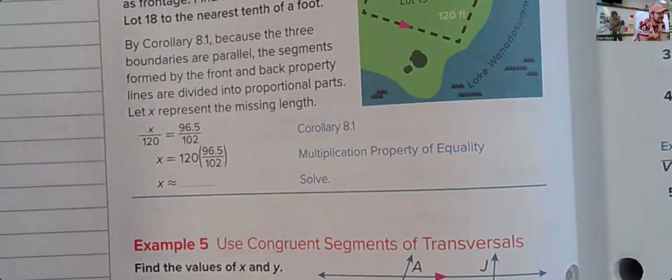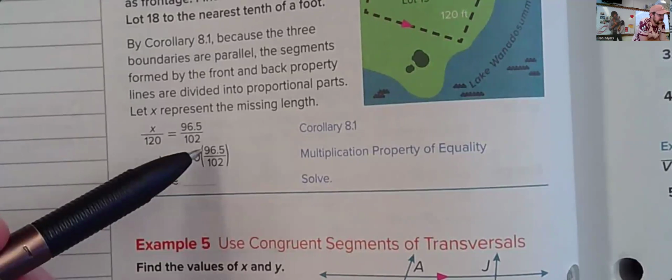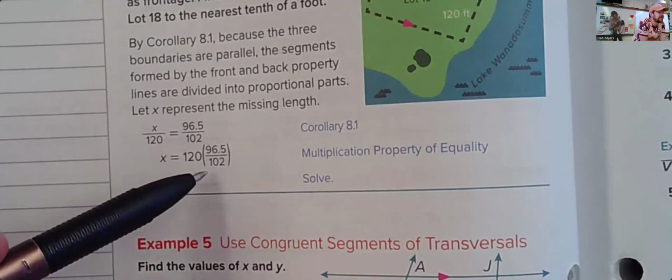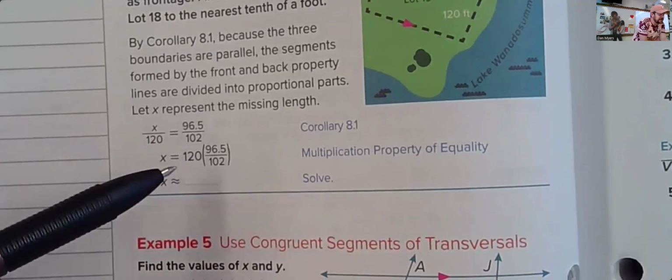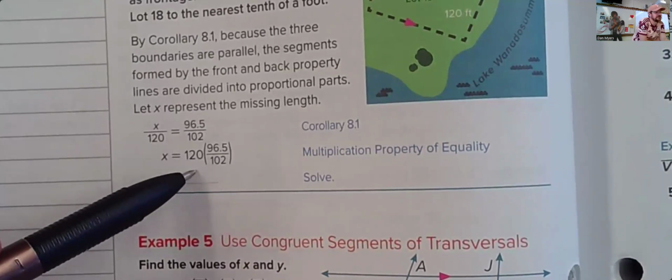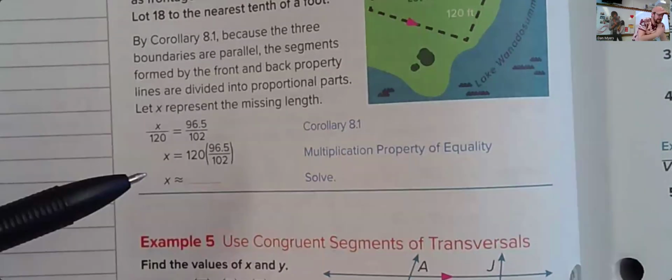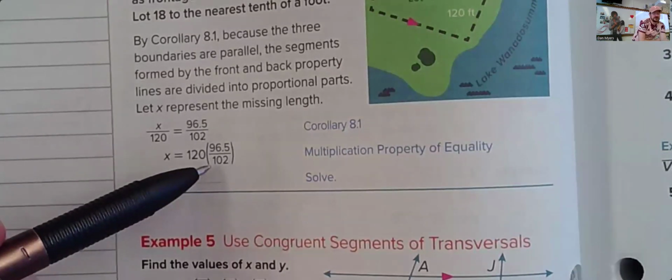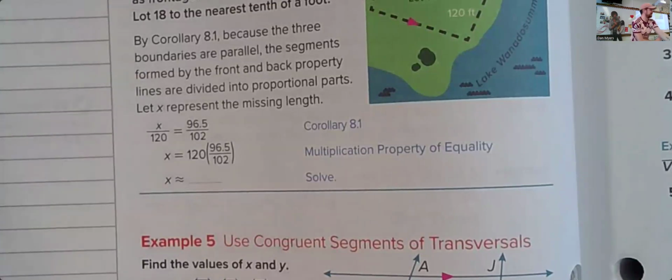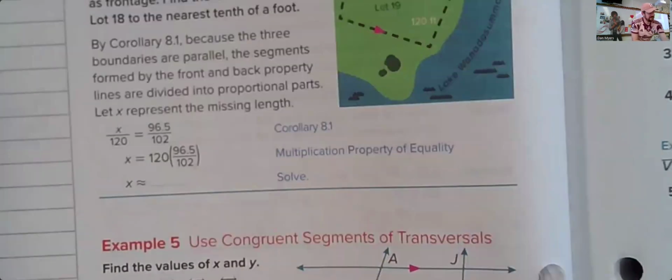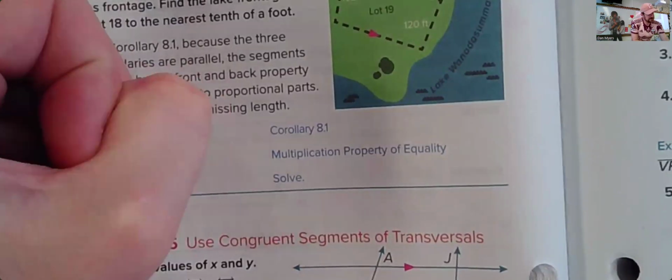What'd you get? 142. I did 120 times 96.5. Oh no, don't multiply them by both. If you multiply by both, that would be 120 over 120, which is the same thing as 1. So just do 120 times 96.5 and then divide by 102. There you go. 113.5. That makes more sense.